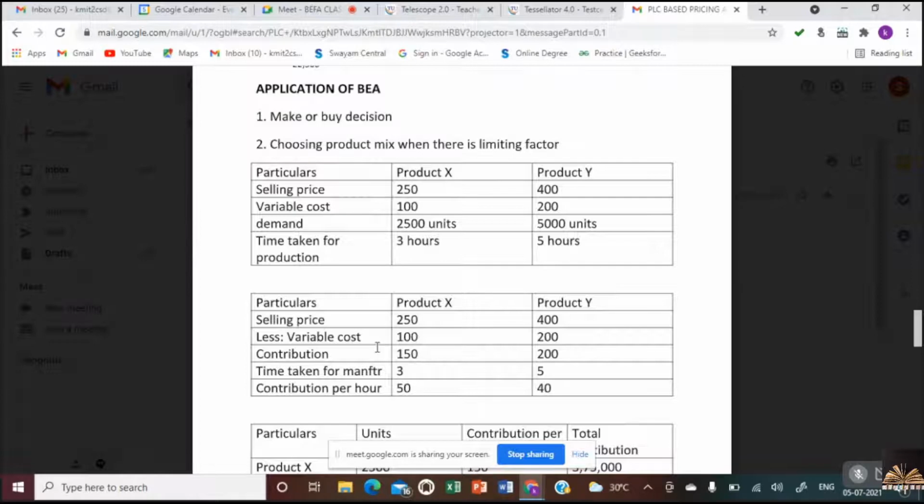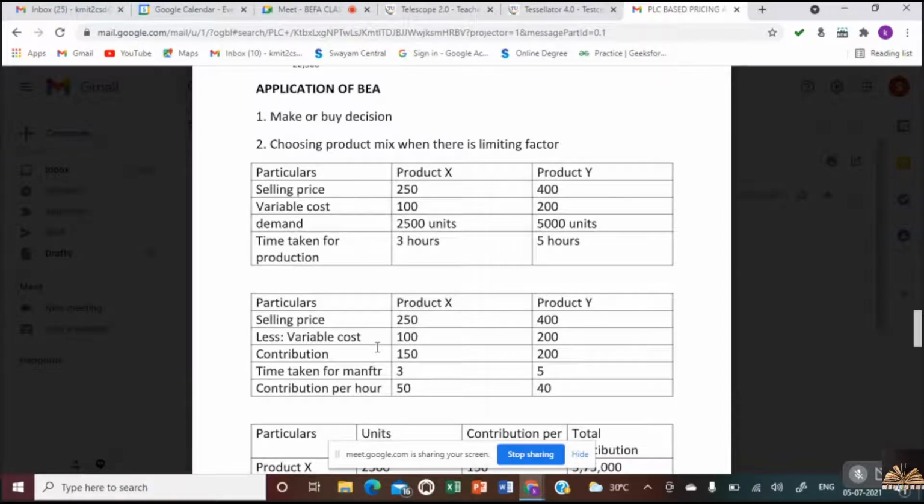Yeah, limited, isn't it? Limiting factor is nothing but limited, that refers to scarce or shortage. So when the company is facing such problems, which product mix gives maximum profits is the second management decision. In this problem, we have a limiting factor of machine hours.